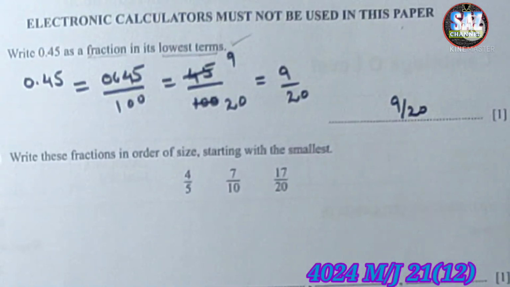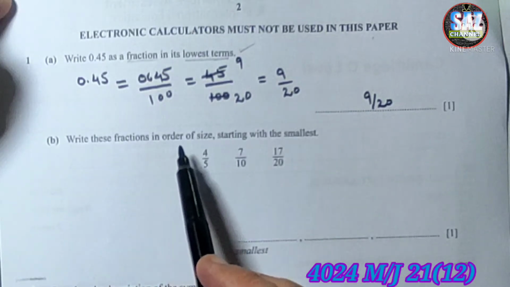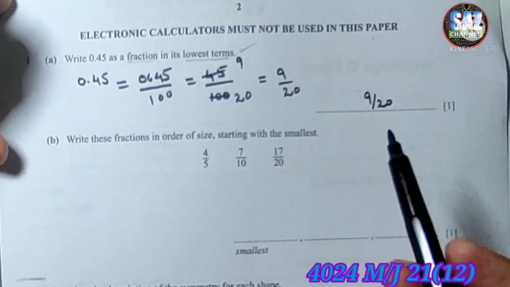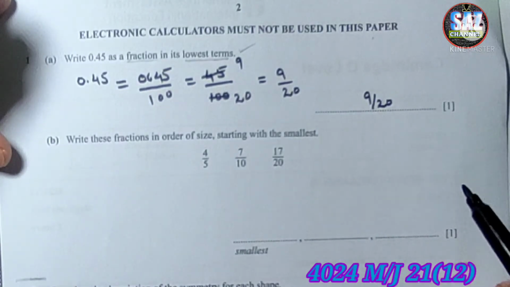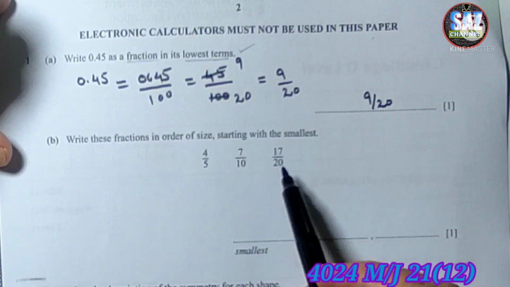Moving to the second question, which says write these fractions in order of size starting with the smallest. Okay, recall the rule that how to write the fractions in order of size.